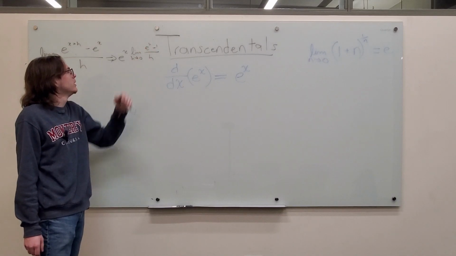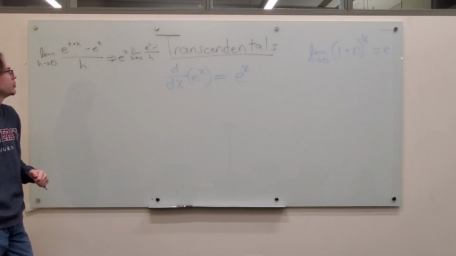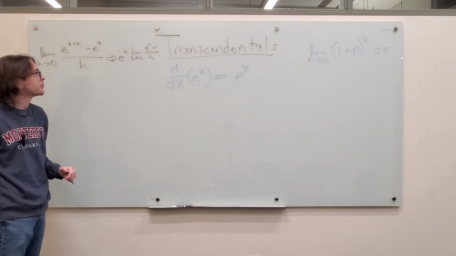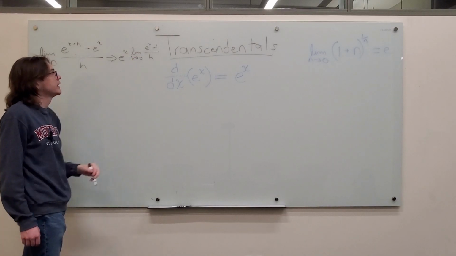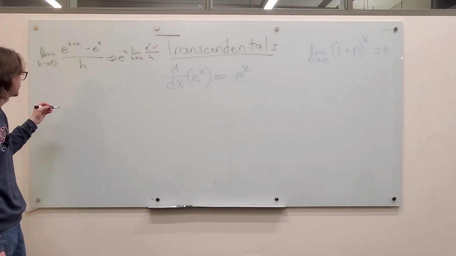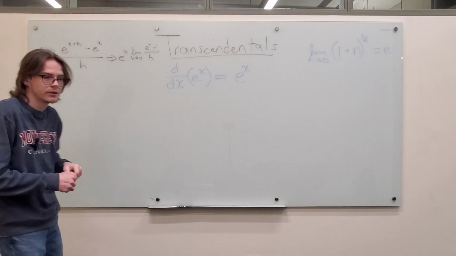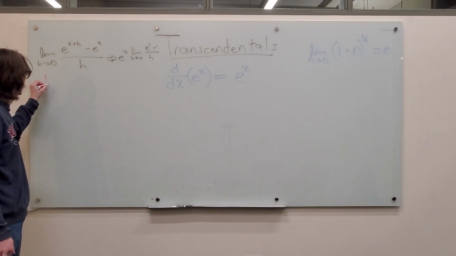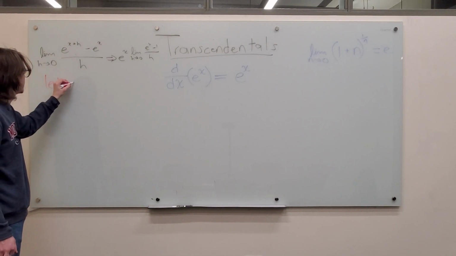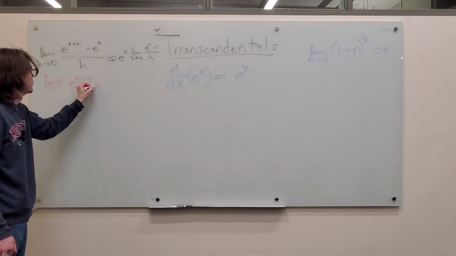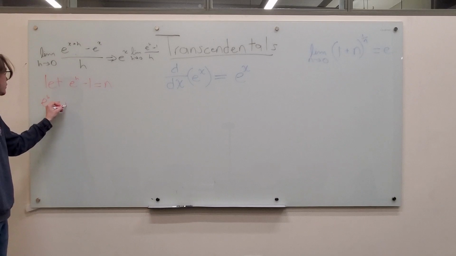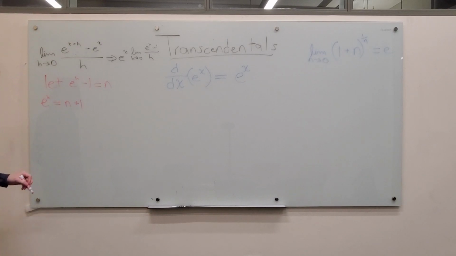Now, e to the h minus 1 over h. Well, we're going to do a similar process here, so you're going to have to bear with me once again. We are going to let the numerator be equal to n. Let's change color here to make it easier to see. So we will let e to the h minus 1 be equal to n. So we know, therefore, e to the h equals n plus 1.